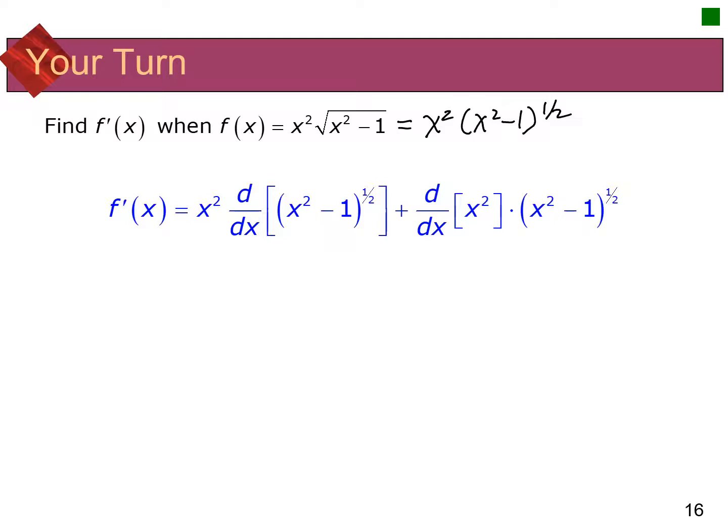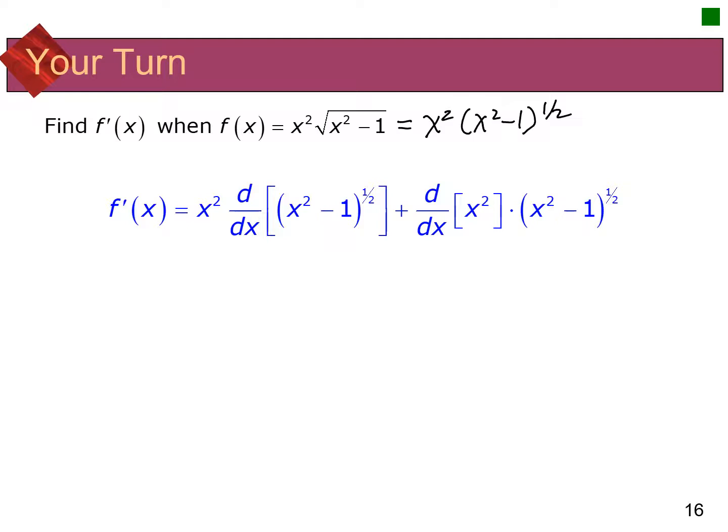You can see that here because I'm doing the product rule: x squared times the derivative of x squared minus 1 to the 1/2 power, plus the derivative of x squared times x squared minus 1 to the 1/2 power.